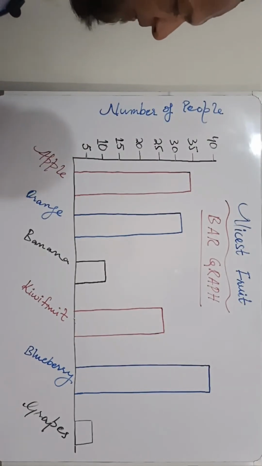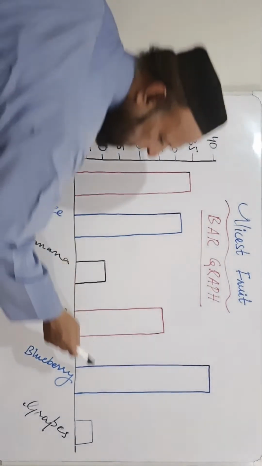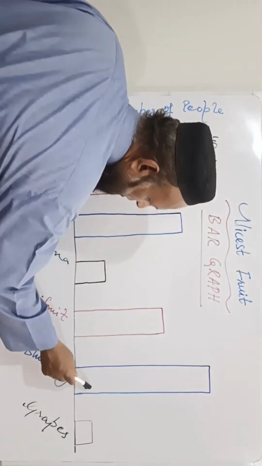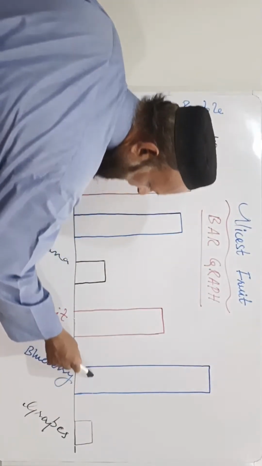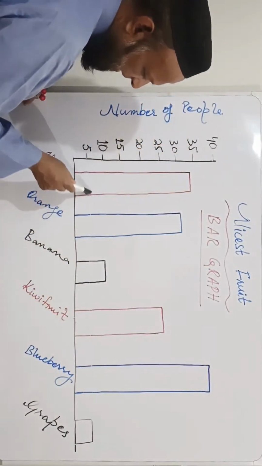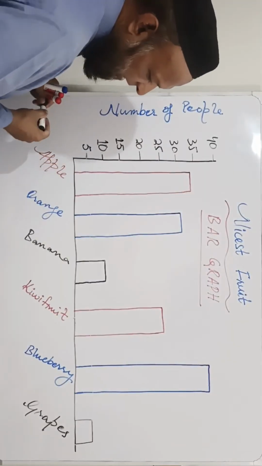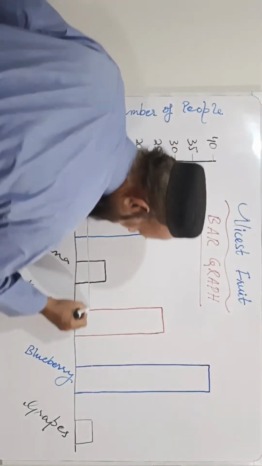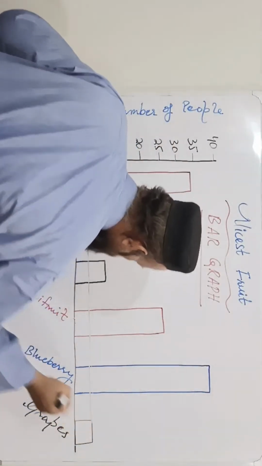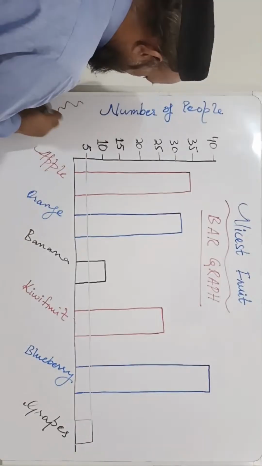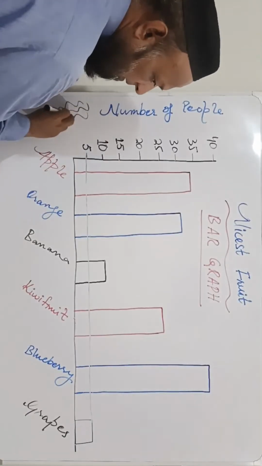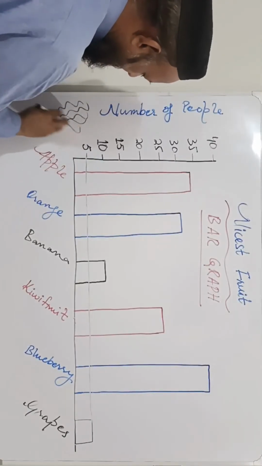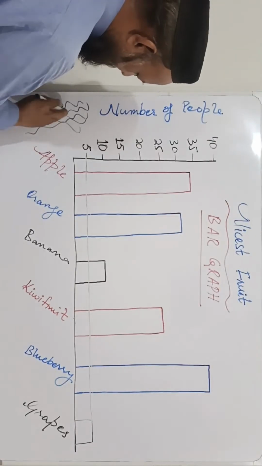When we talk about the first one, the grapes, when I draw a line from here to here, I will reach 5. 5 pupils like grapes. We have collected data.